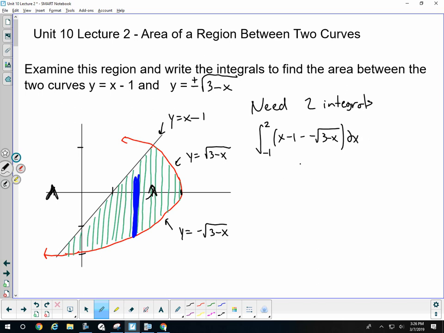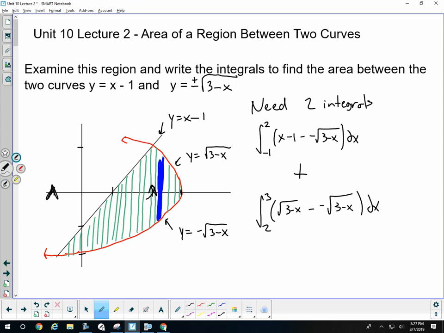And then I'll have to add to that an integral starting at 2 and going to 3 of the new top minus the new bottom. I have to evaluate those. This can be simplified, but there's an easier way.